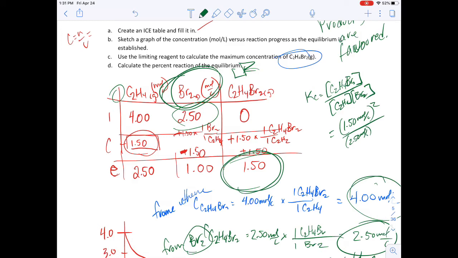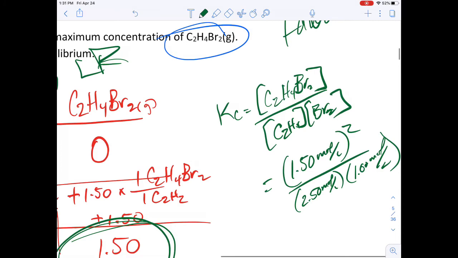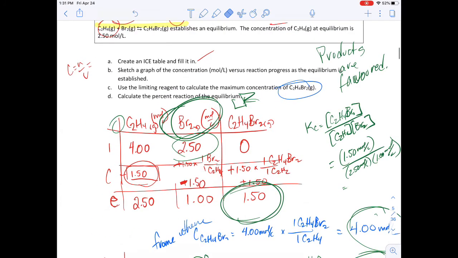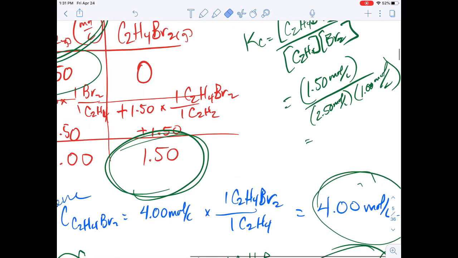And then 1.00 mole per liter. And my equilibrium constant for this will be, oh, sorry, this is wrong. I apologize. This is not squared because the formula was 1 to 1 to 1. So the 1.50 should not be squared. So my equilibrium constant for this is going to be 0.60, and there are no units for it.